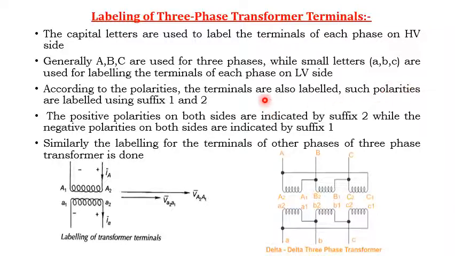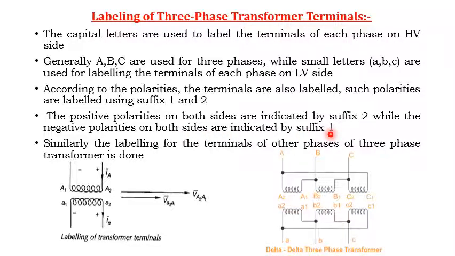The terminals can be labeled by using the suffixes 1 and 2. If the positive polarities on both sides are indicated by suffix 2, that is, the primary side positive terminal and the secondary side positive terminal are both indicated by suffix 2, then the negative polarities on both sides are indicated by suffix 1.